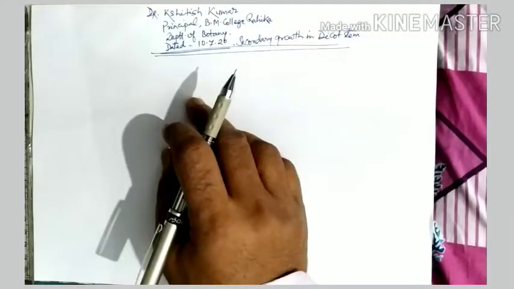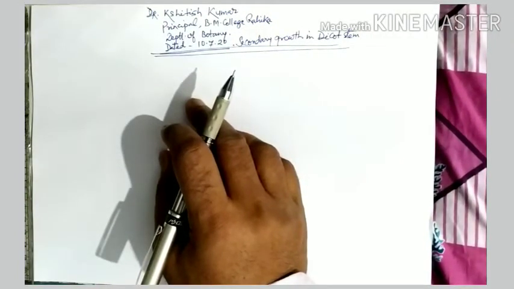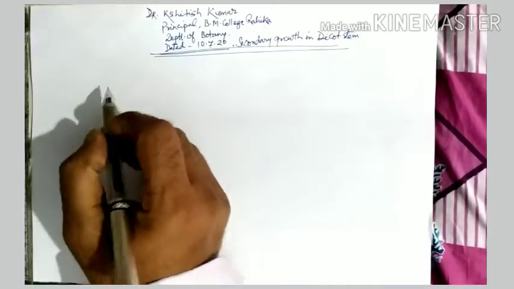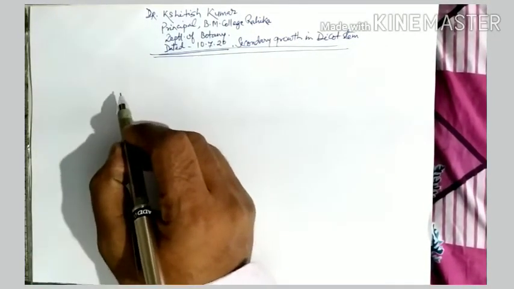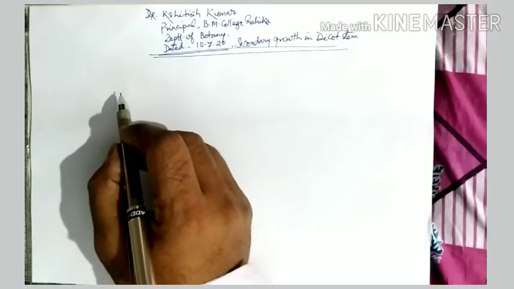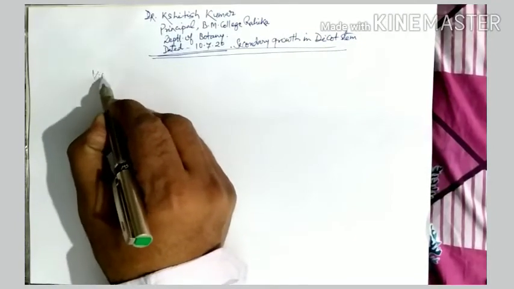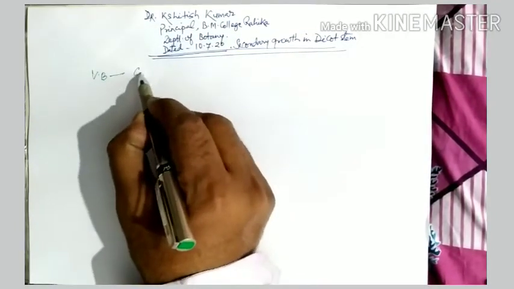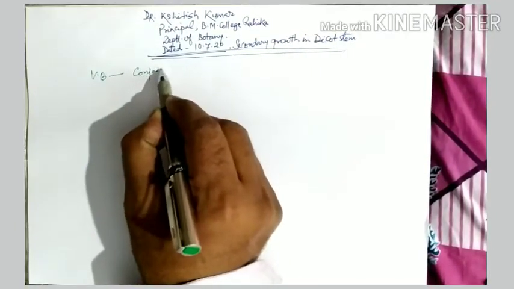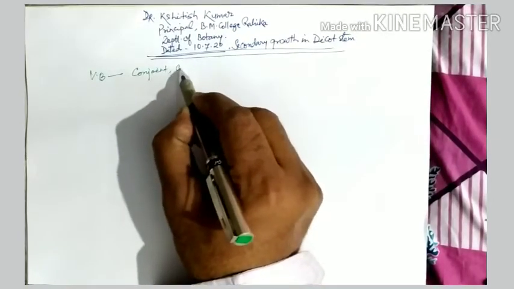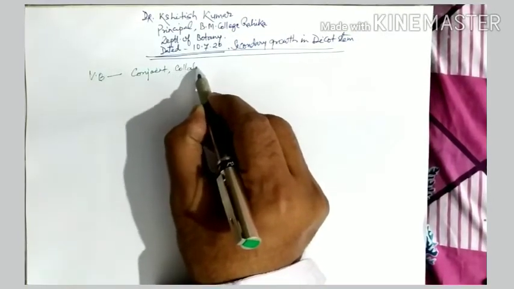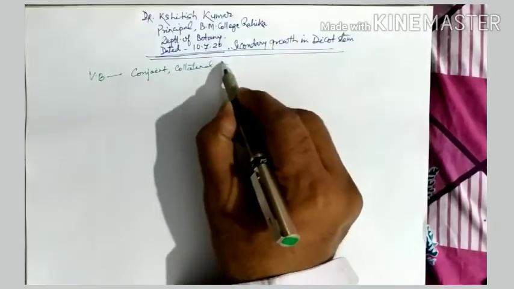Today we are studying the secondary growth in dicot stem. As we know, in the dicot stem, the vascular bundle is conjoint, collateral and open.